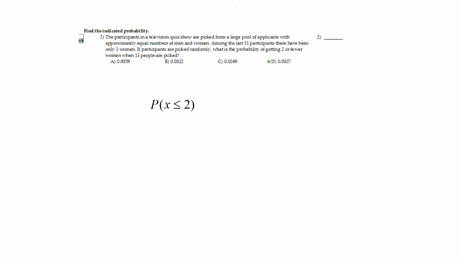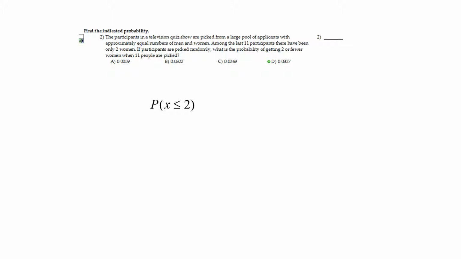Now, the second question asks you to find the indicated probability. The participants in a television quiz show are picked from a large pool of applicants with approximately equal numbers of men and women. Among the last 11 participants, there have only been 2 women.